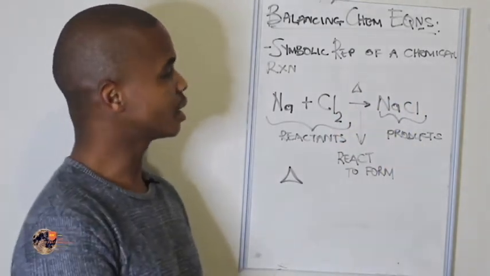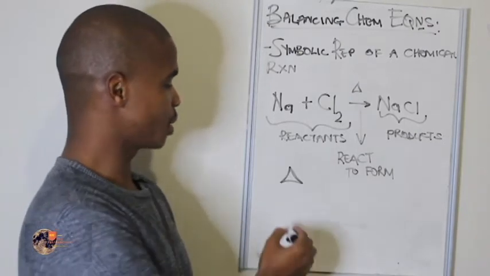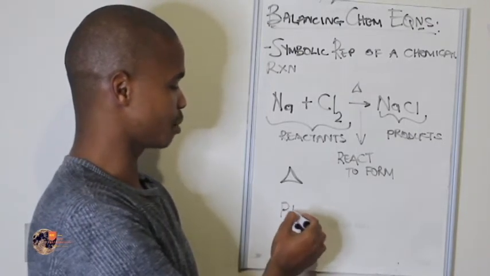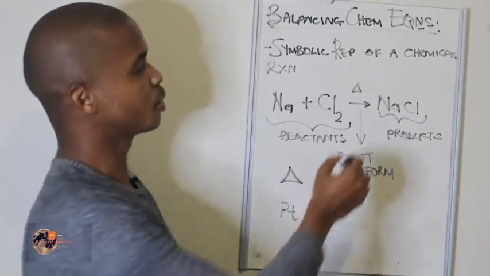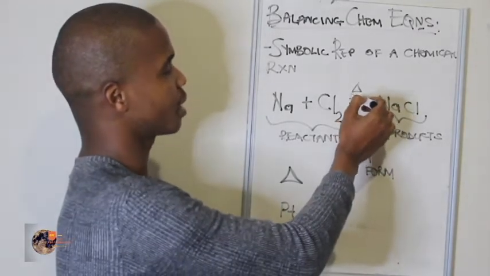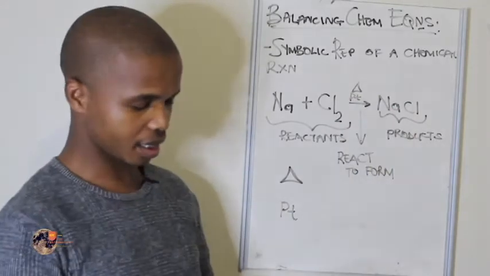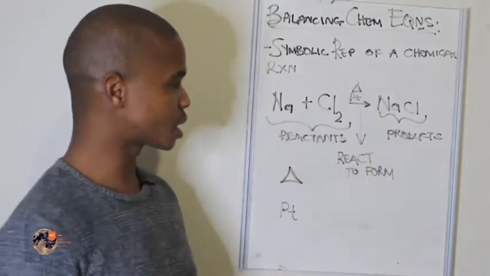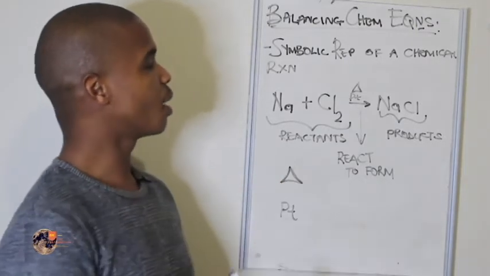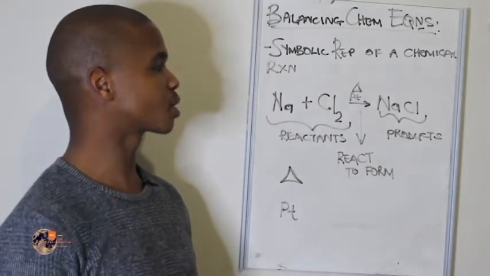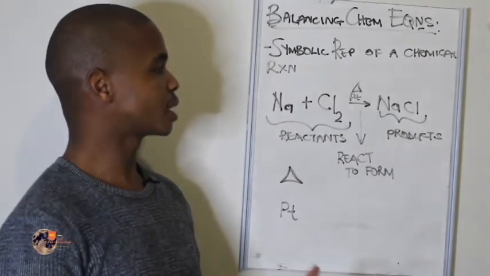If there is a catalyst, sometimes the catalyst would be platinum, so you would write your platinum there, and other chemical reagents that are used for the reaction to occur. So that is how a chemical reaction is actually written.